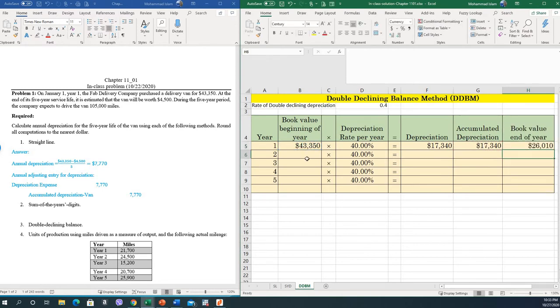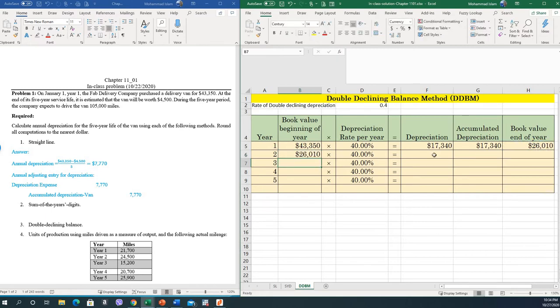Okay, so now for the second year, the beginning book value would be the ending book value of the first year, so this should be equal to this one. Get it?